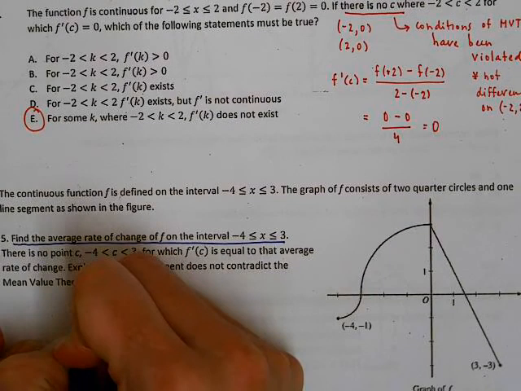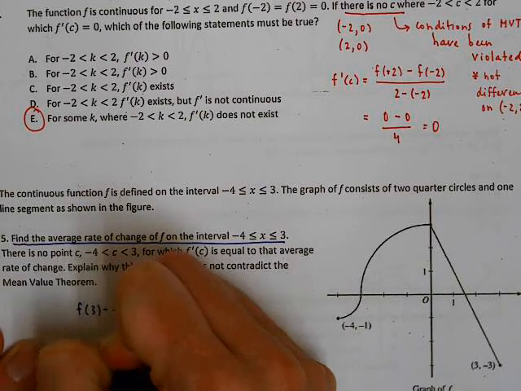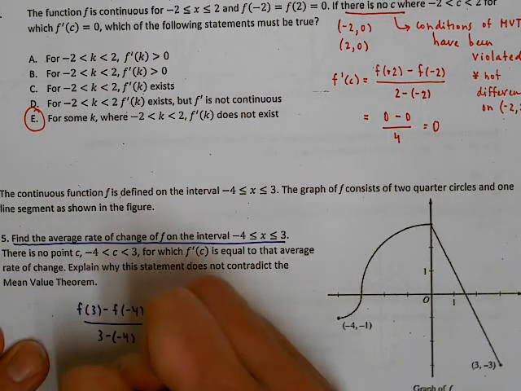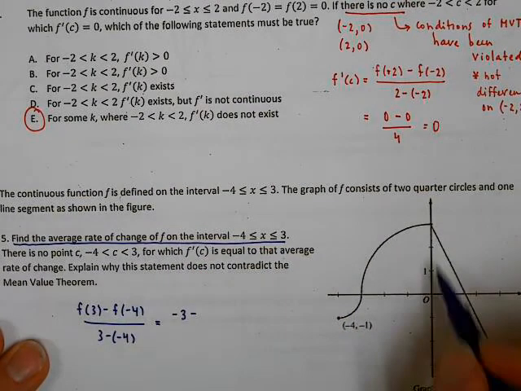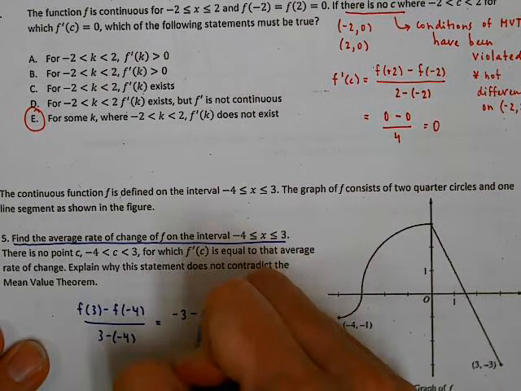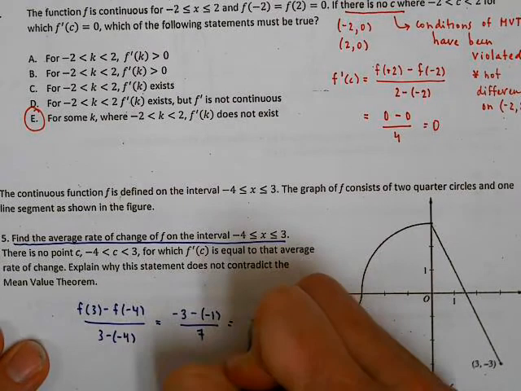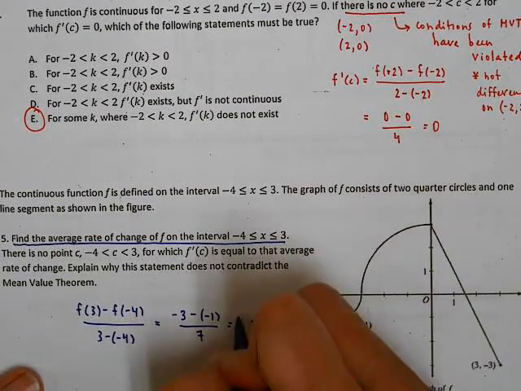So I know the average rate of change is going to be f of 3 minus f of -4 all over 3 minus -4. f of 3 gives me a -3. f of -4 is a -1, and then I have a +7. So that gives me an average rate of change of -2 over 7.